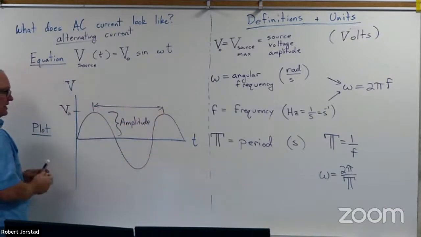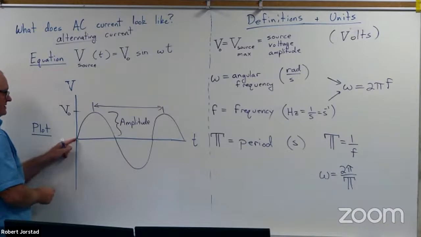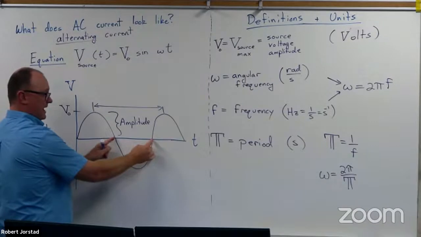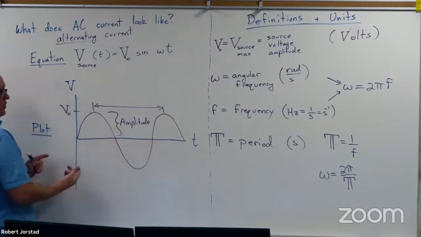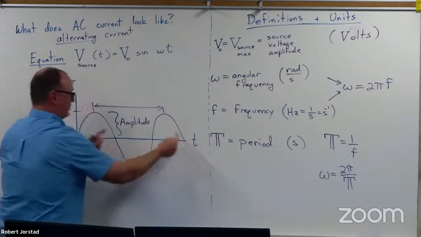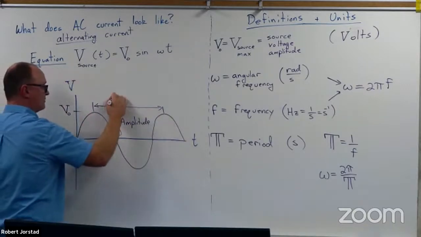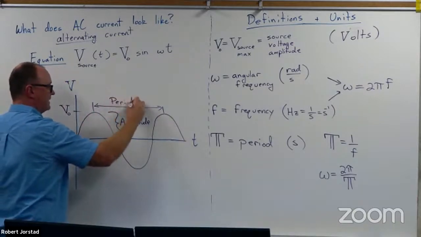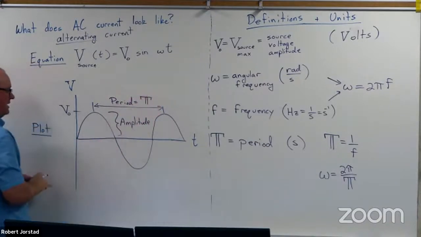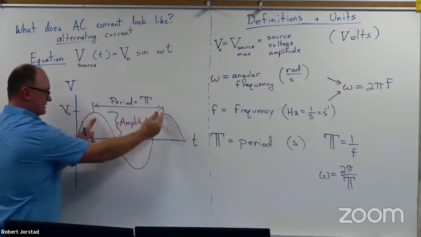Where it gets tricky here is it's not the time from axis crossing to axis crossing. I don't know if you can tell, but that's only half a period. So if you wanted to get the period, that would be this time, or this time. So that's, to be clear, the period. It's the time to complete one full cycle, not a half cycle. This is not a period, this is.